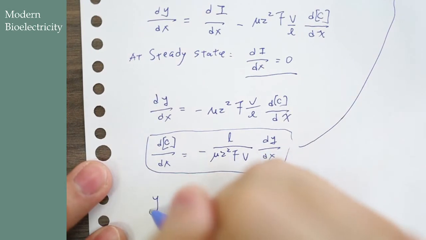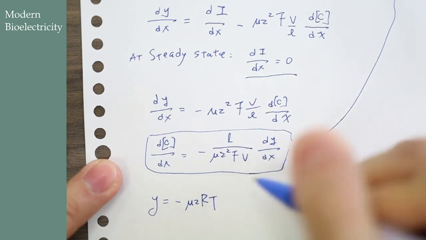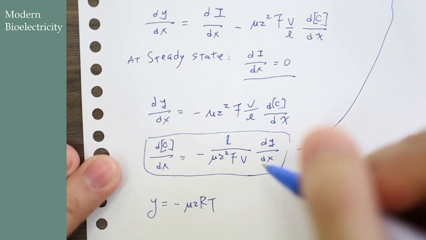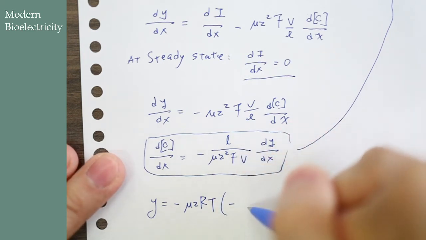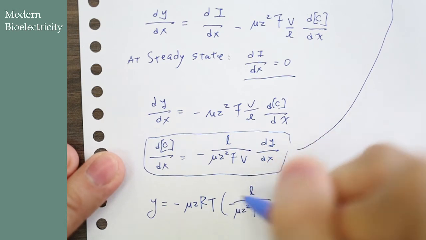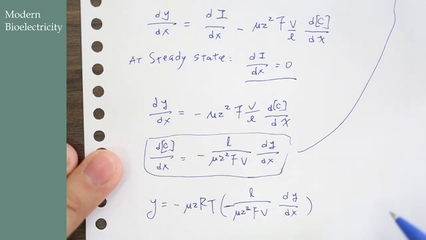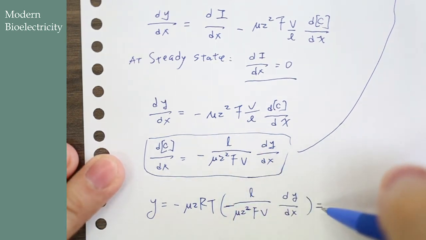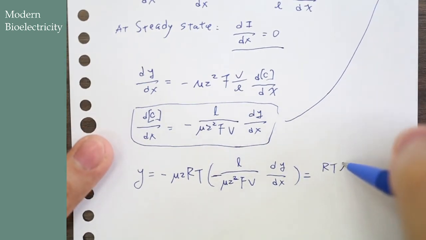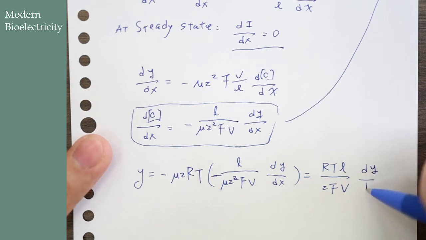Then we can get Y equals minus mu Z RT times minus L over mu Z square F V dY dx. So this is equal to RTL over ZFV dY dx.